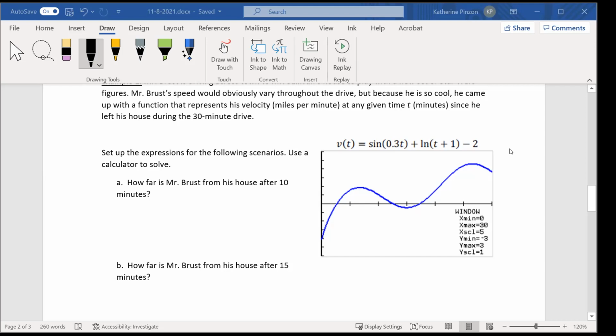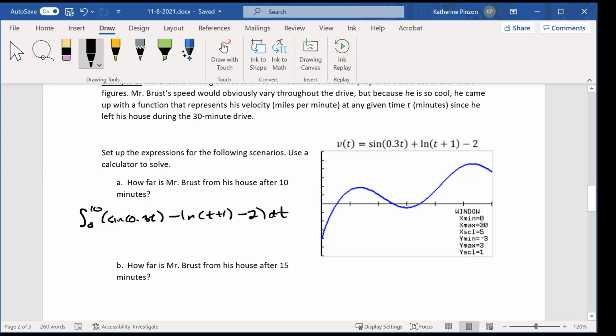So we're going to start at 0 and go to 10 of this function, sine 0.3t plus natural log of t plus 1 minus 2 dt. We could do this by hand, but we don't have to, right? We can use the calculator or Desmos to find this definite integral. It's going to be some number, right?